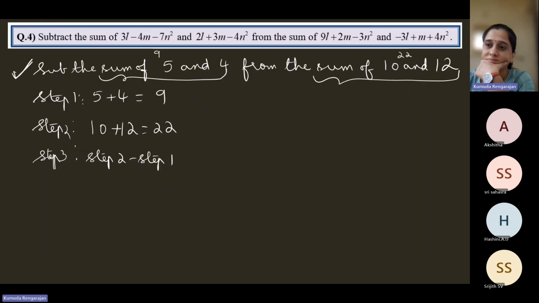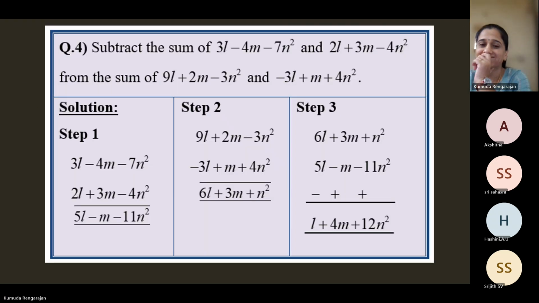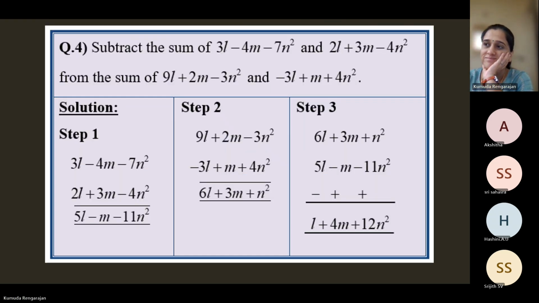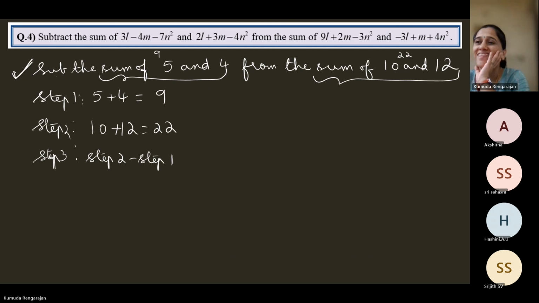Any method. I've worked it there. Still two steps are right.